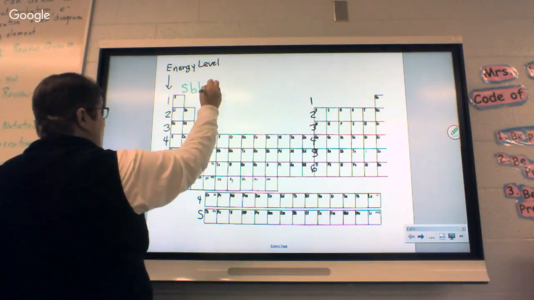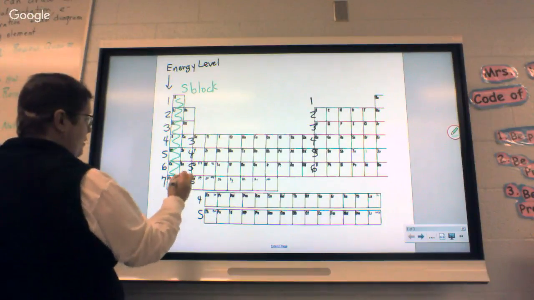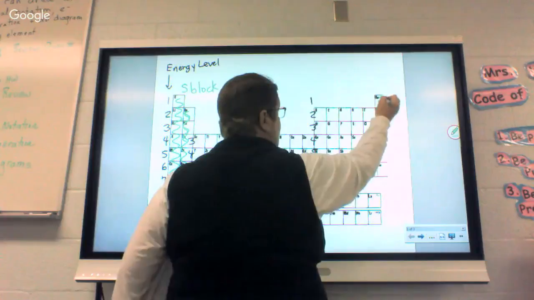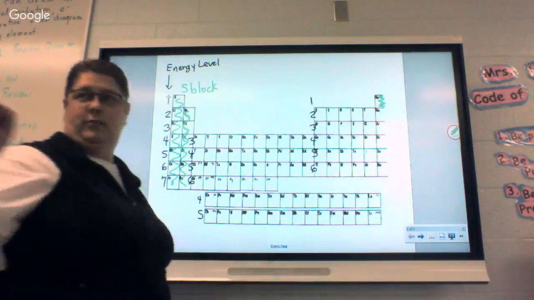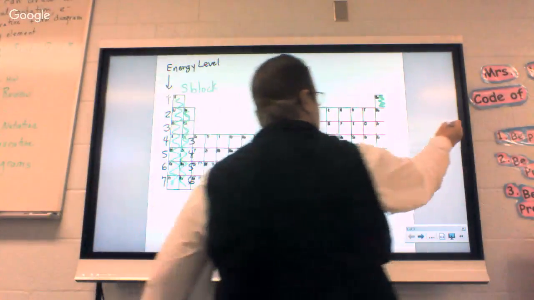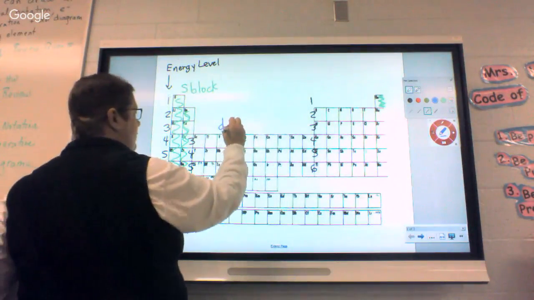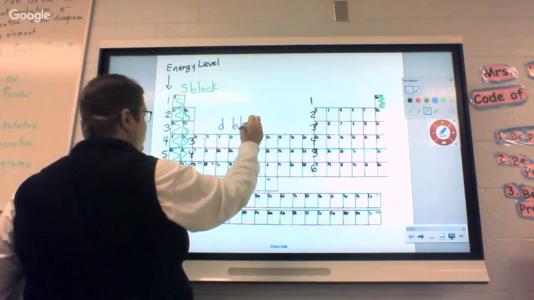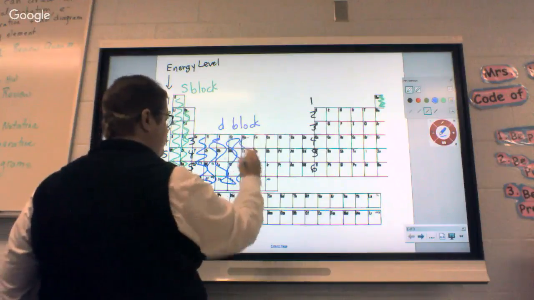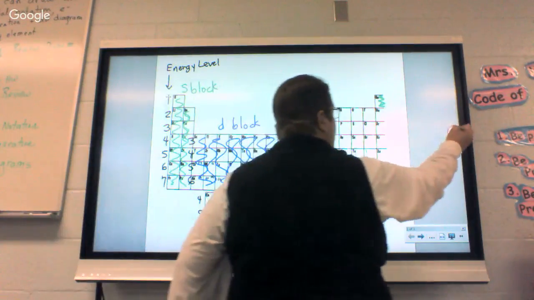All right, so the F block is everything here and here, and helium. Okay, now, don't color yet, just pay attention so I don't have to stand, and I'm going to get out of the way so you can color. You have to write S block. Now, this center section right here is the D block.